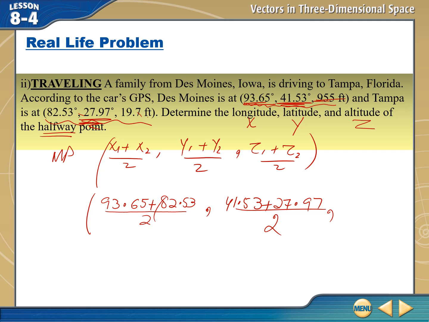Similarly, z1 is 95.5. It's not 955. 95.5 plus z2 is 19.7 and divided by 2. Write one by one in the calculator and get the final answers. Okay. And I'm moving to my next segment.